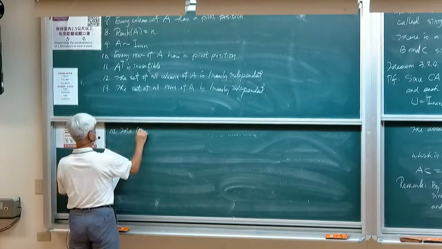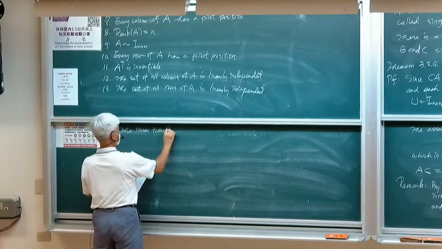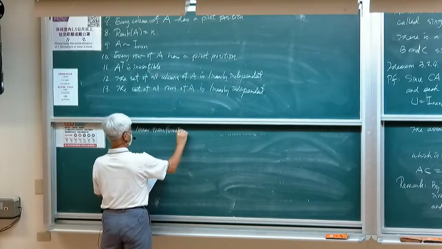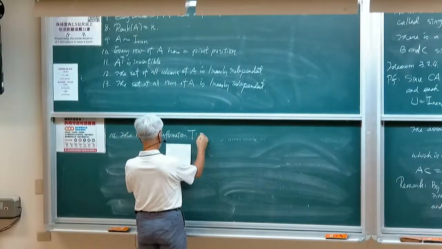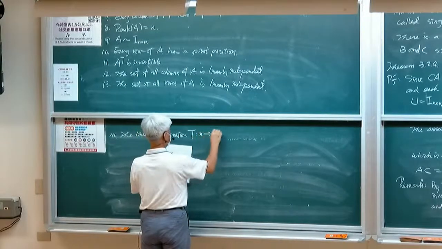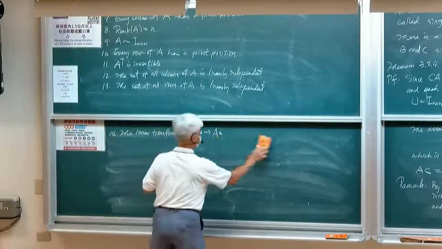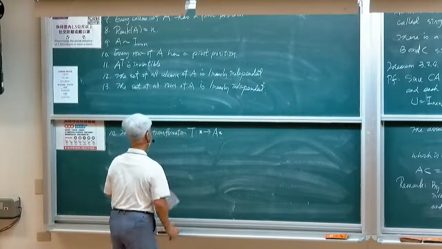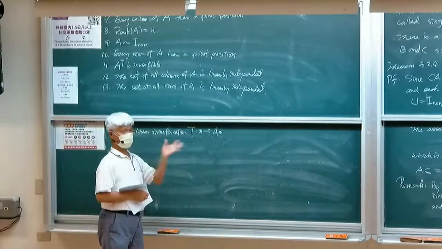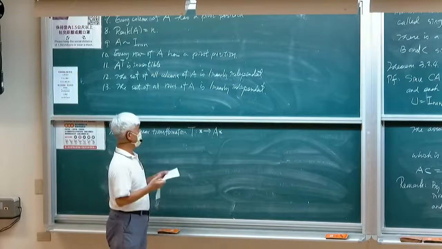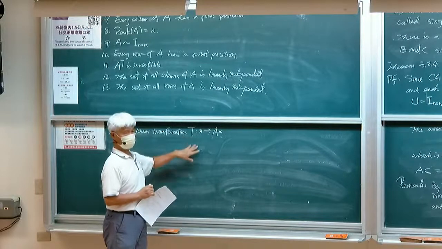14, the linear transformation T from x to Ax. Remember, every n by n matrix corresponds to a linear transformation from Rn to Rn.